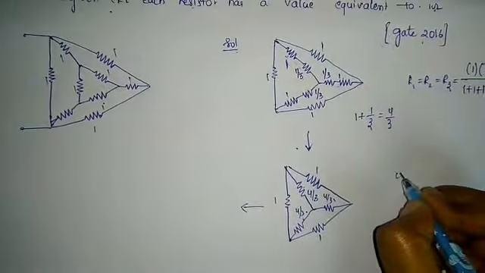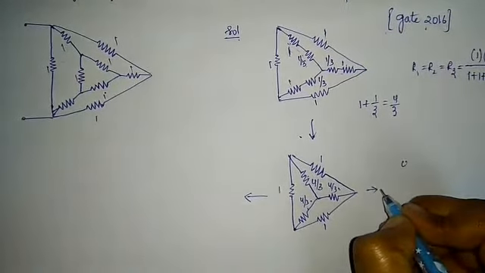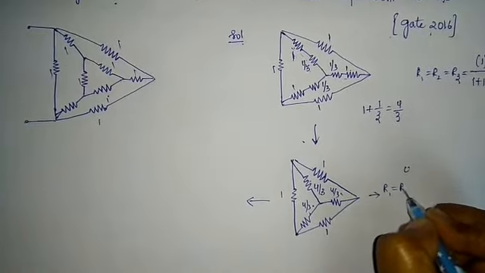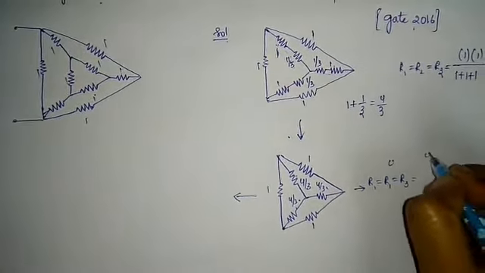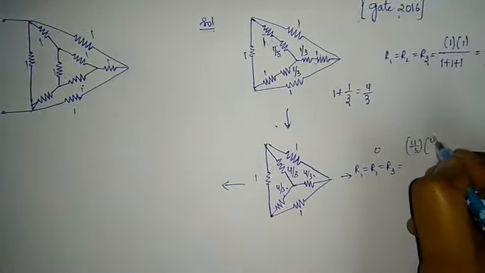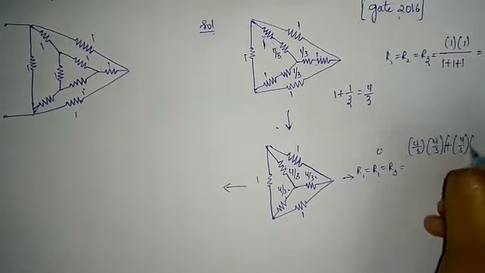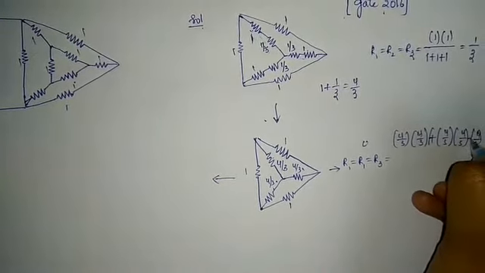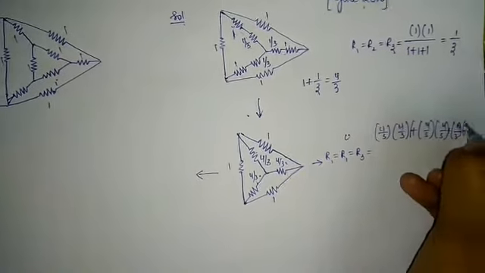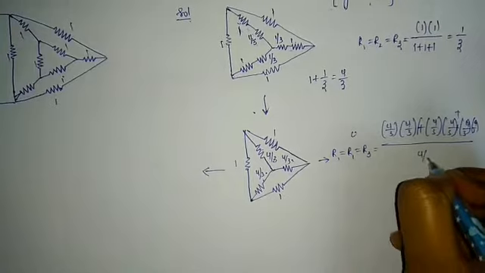And here, converting this Y network to the delta network by using the formula, as all the resistances will be equal, again because the resistances have the same values, so 4 by 3 into 4 by 3 plus 4 by 3 into 4 by 3 plus 4 by 3 into 4 by 3, by 4 by 3.